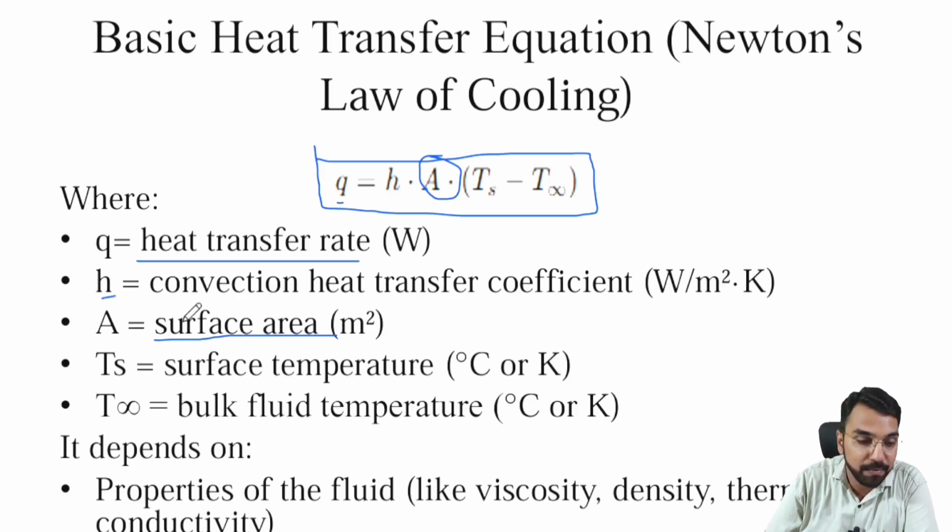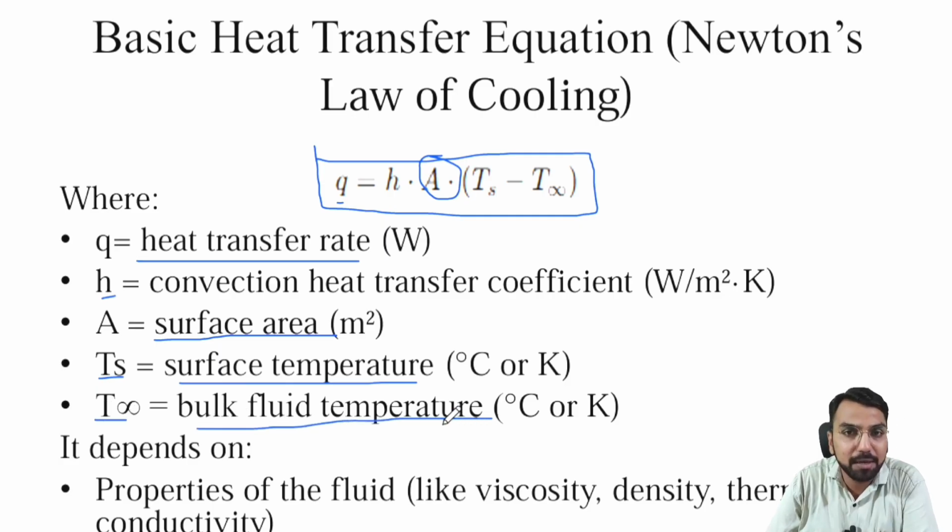Ts is the surface temperature of the hot plate or any solid, and T infinity is the bulk fluid temperature, the ambient or surrounding temperature where the fluid flows, meaning the average temperature of the fluid flow.